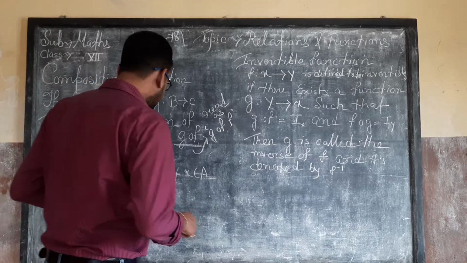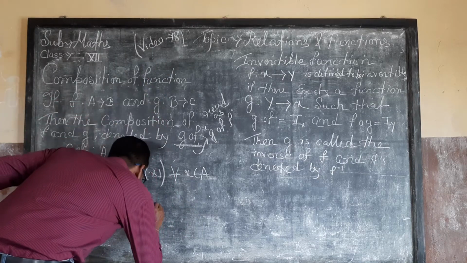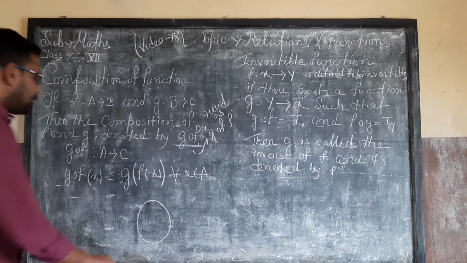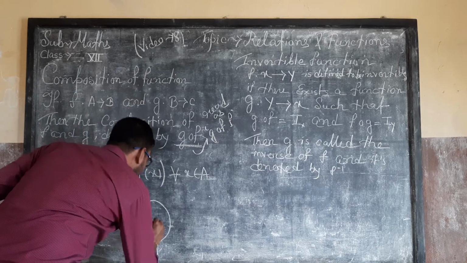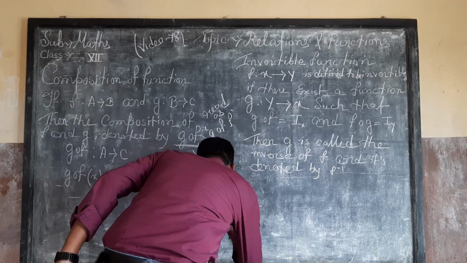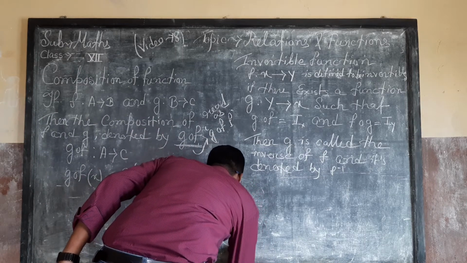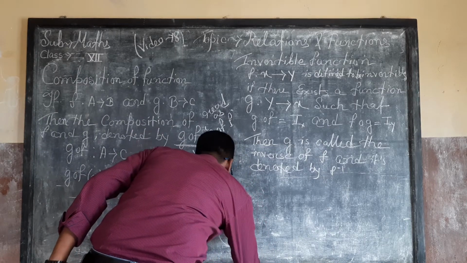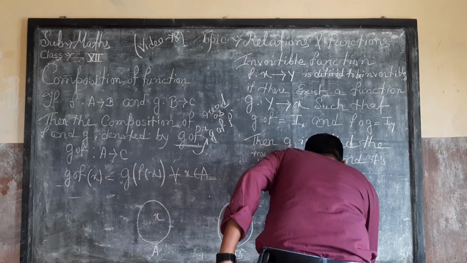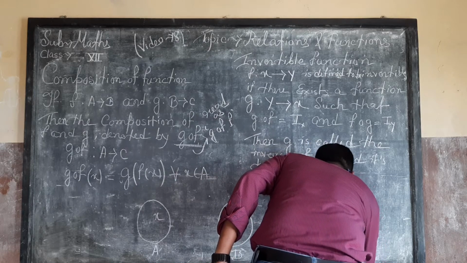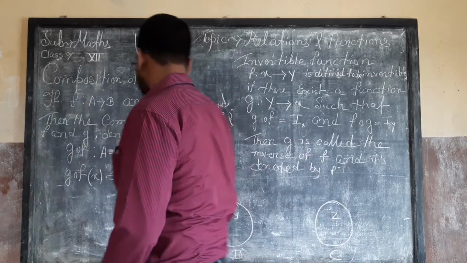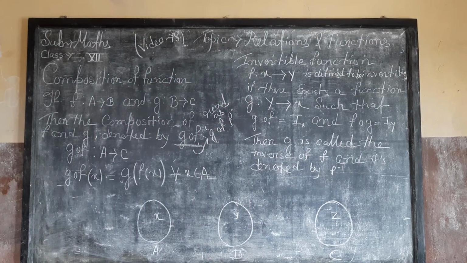So first we consider a set A, which contains all the elements x. Another set is B, which contains y, and this one is C, which contains z.